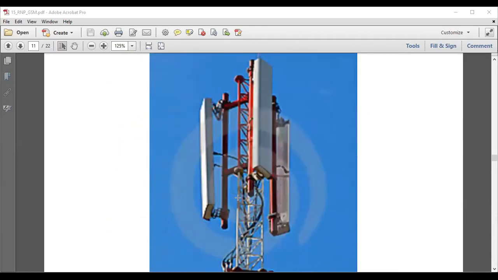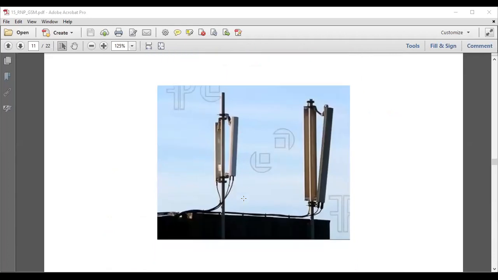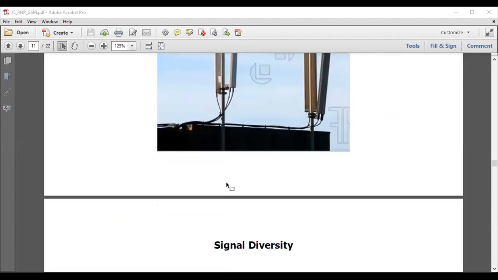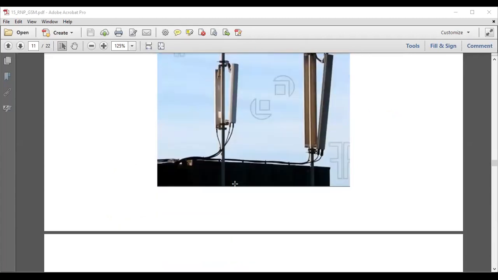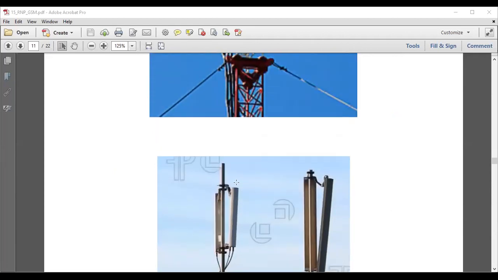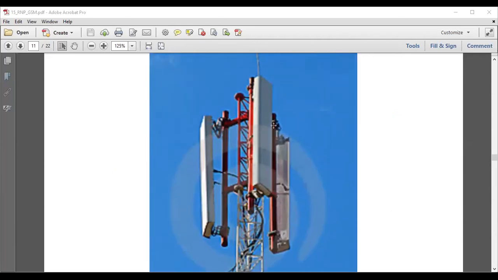They face different directions. And sometimes you'll see a pair of antennas instead of one. Now I'll discuss why you find a pair instead of one. Here we have just one antenna for every sector, but actually it is not a single antenna. I'll show you what we have inside.